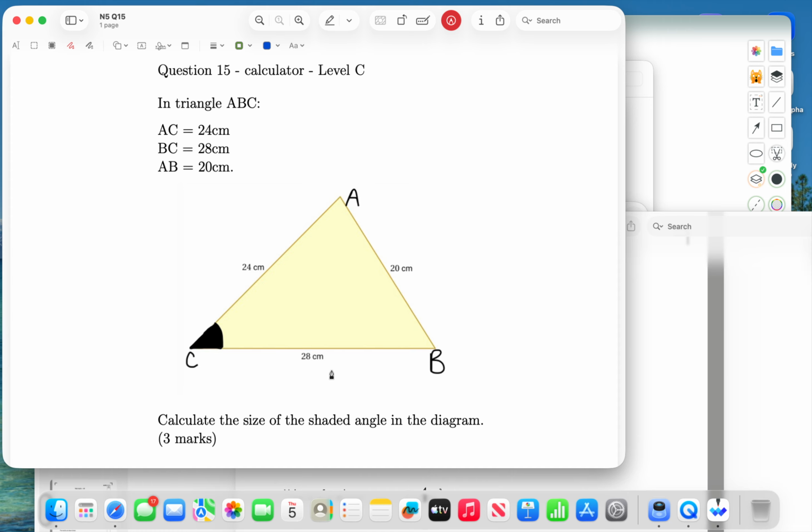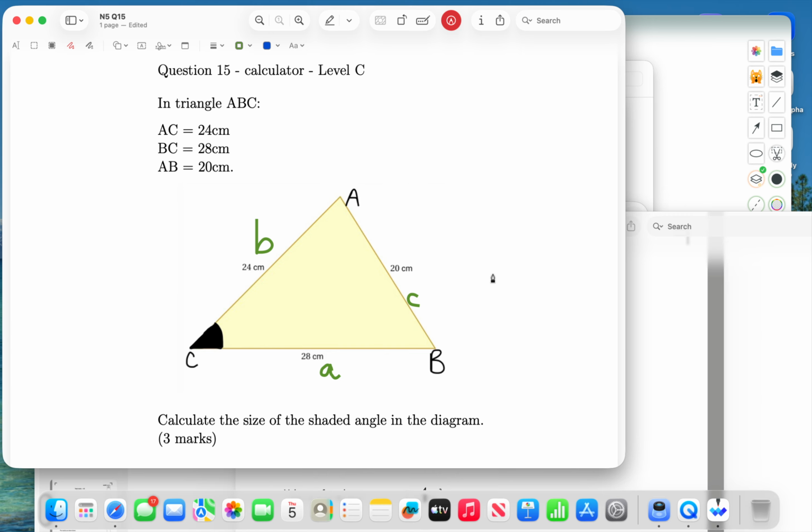Now the convention is that angle A is opposite side A, and we use lowercase for sides and uppercase for angles. So B is opposite the angle B, and C there.